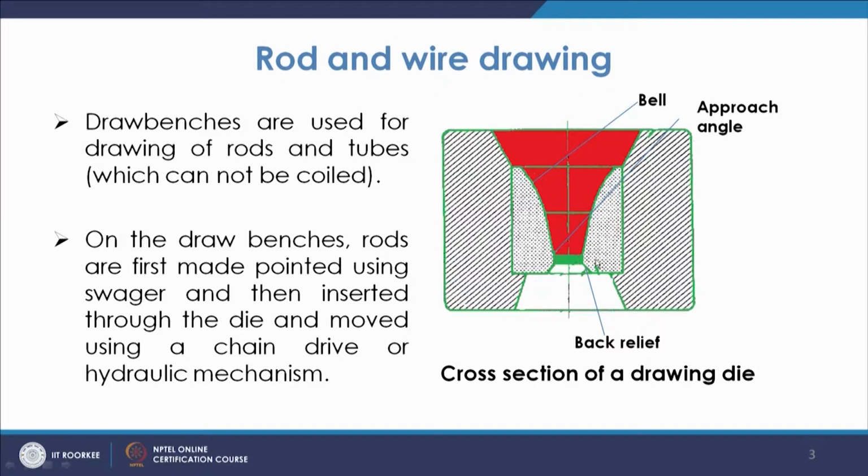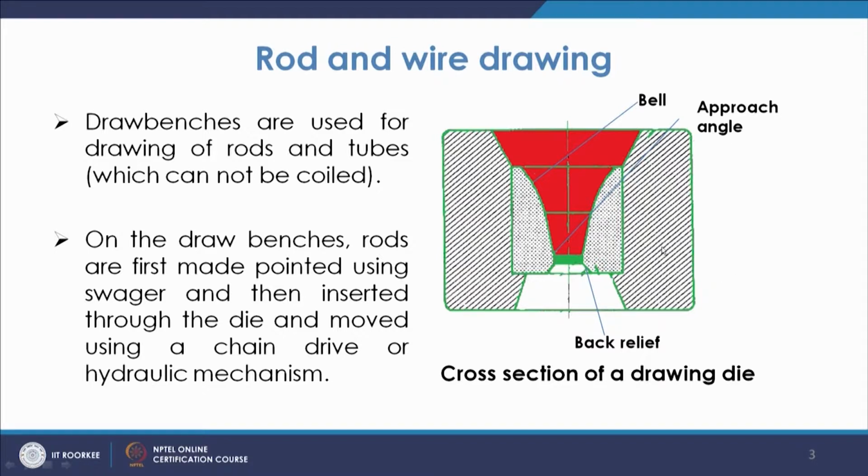Now, this portion, this green portion, is known as the bearing, and it does not cause reduction, but it causes friction on the wire. So, that happens in the bearing region.